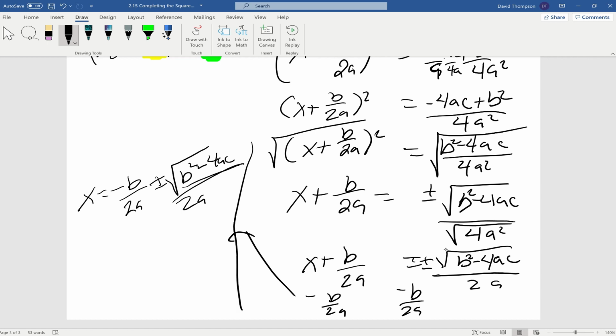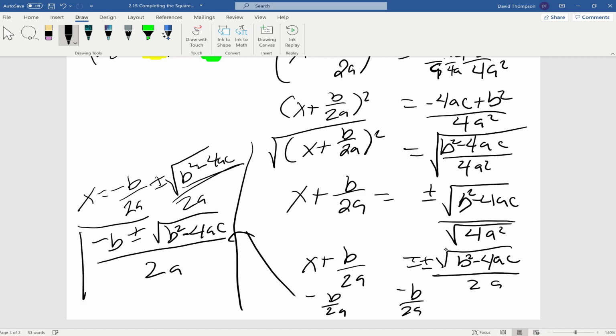So we can just combine it. Negative b, because we have a common denominator, plus or minus square root b squared minus 4ac all this over 2a. And this right here is my quadratic formula.